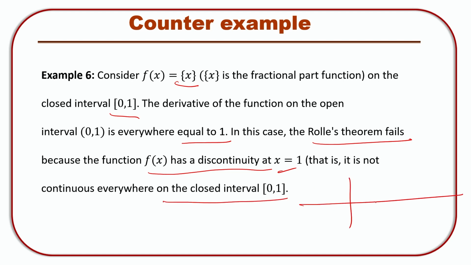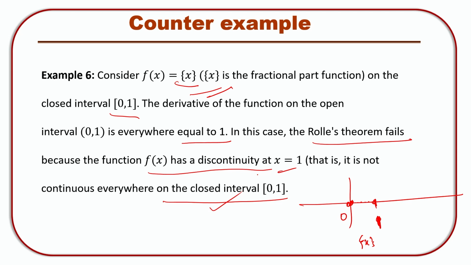So, you can look at the values at 0 and at 1 here, and what will be the fractional part of this? So, that will not be valid here, right? That is why it is not continuous in the closed interval.